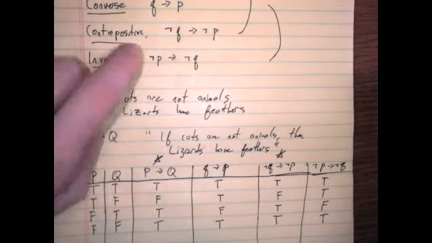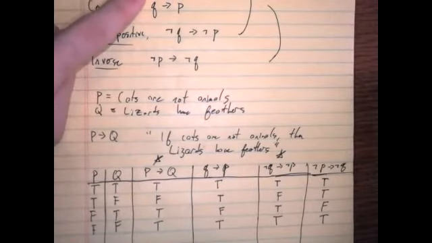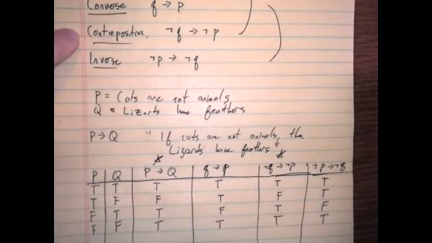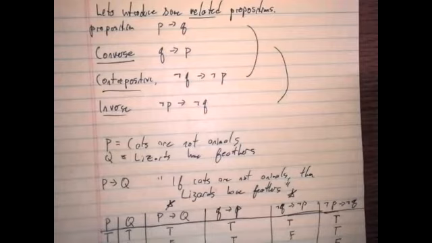So what this means is that at any point in time, if you have a proposition that you're trying to understand, for instance, our fun proposition about cats and lizards, you can always replace it by the contrapositive and have a proposition which is true in exactly the same ways and false in exactly the same ways. So these will be equivalent. We'll talk more about equivalences soon.